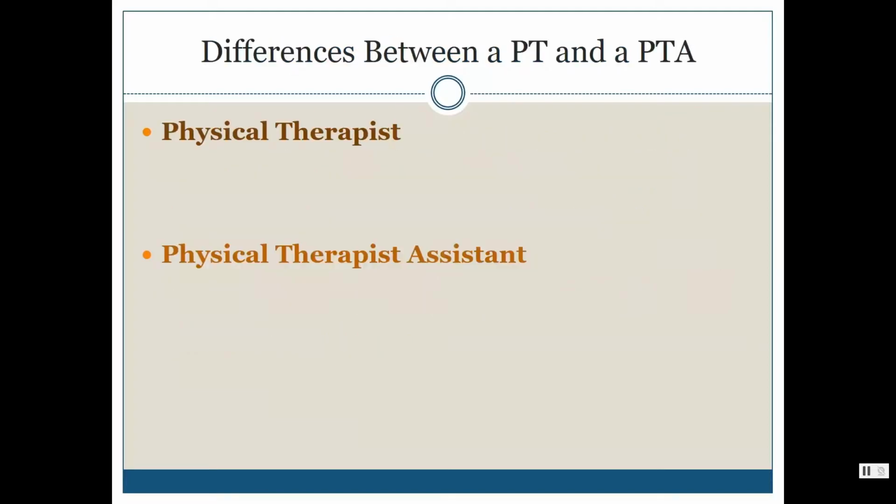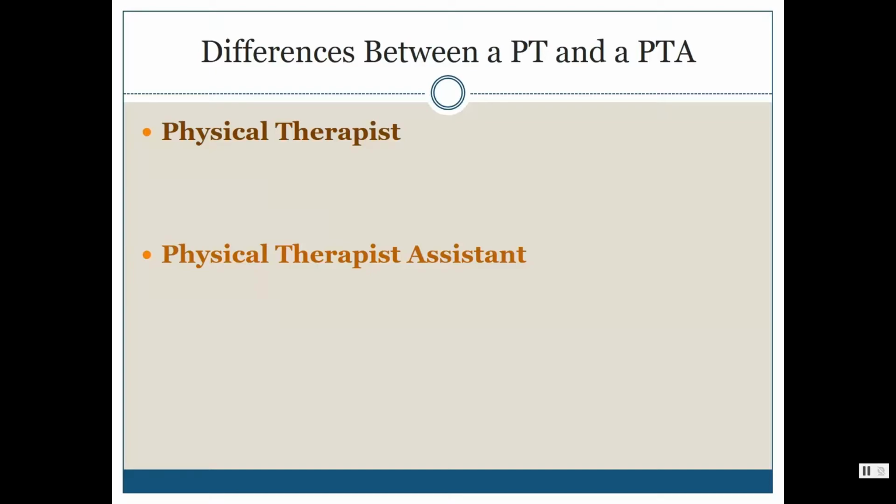The differences between a PT and a PTA: the physical therapist is the person that sees the patient first. The patient comes in or is referred or is in the hospital. The PT will do the evaluation and figure out the physical therapy diagnosis and the problem list and develop a plan of care and the interventions that should be provided to meet the goals that the PT sets.